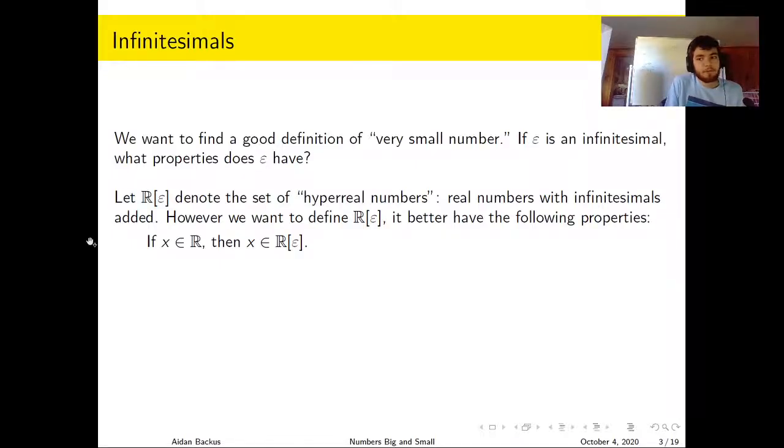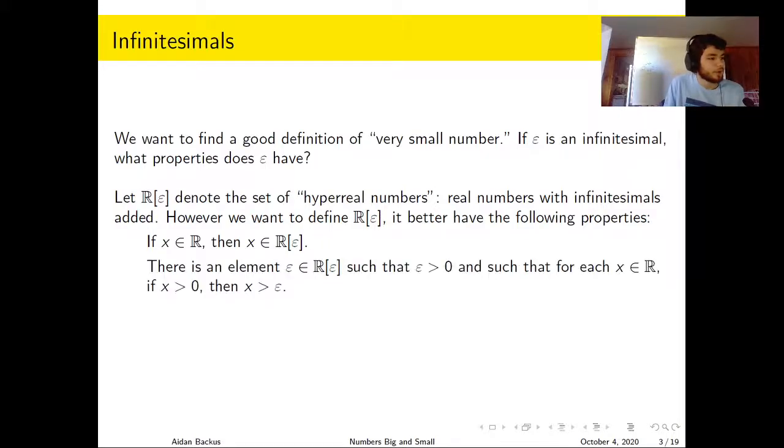So first of all, every real number is also hyperreal. That's reasonable. And not only should there be real numbers, but there should be another number called epsilon, which is infinitesimal. Epsilon is positive, and yet for any positive real number, epsilon is less than that real number.